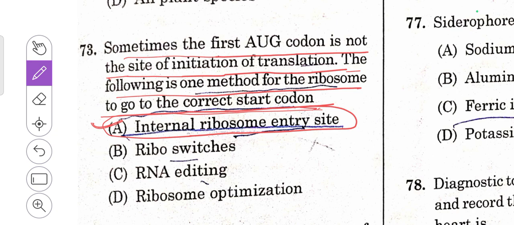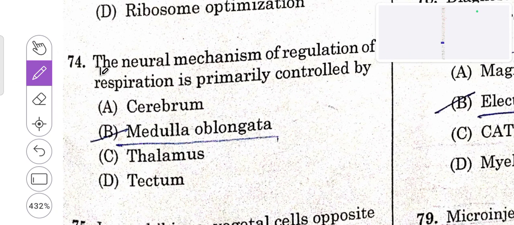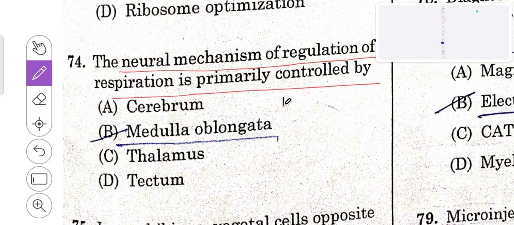Through this, the ribosome can reach the correct start codon. So A is the right answer.